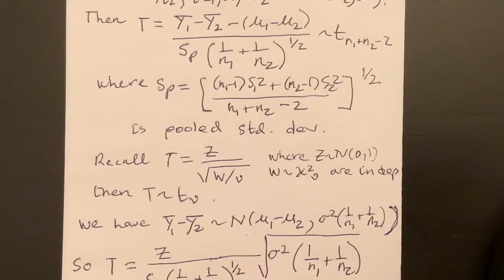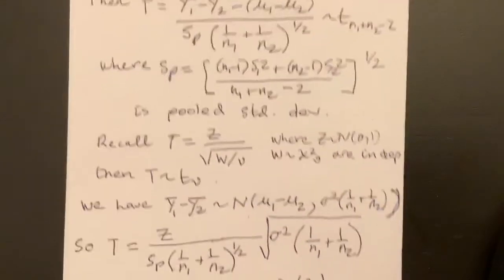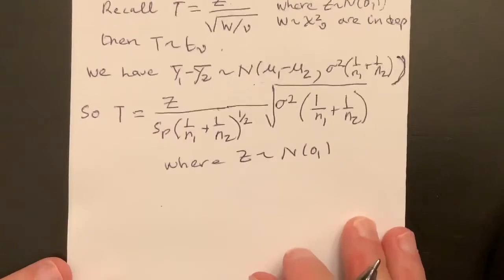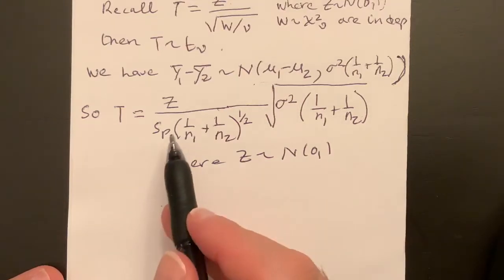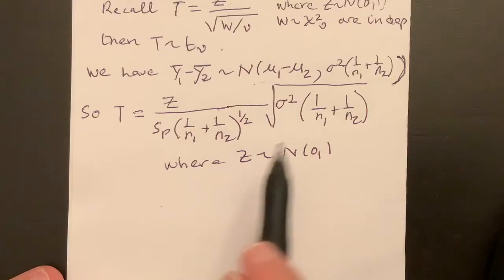Okay, where Z is normal 0, 1. Not bad. Well, look what happens. I have a standard normal in the numerator.